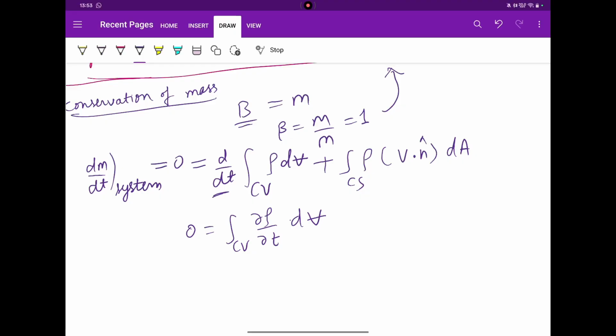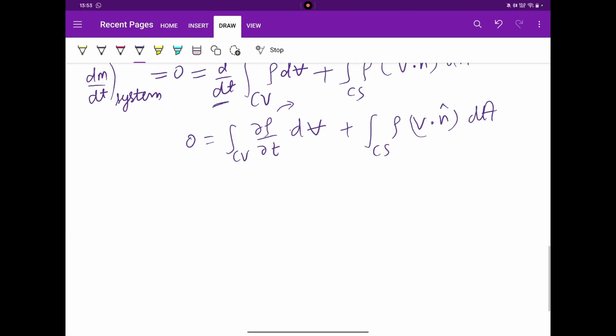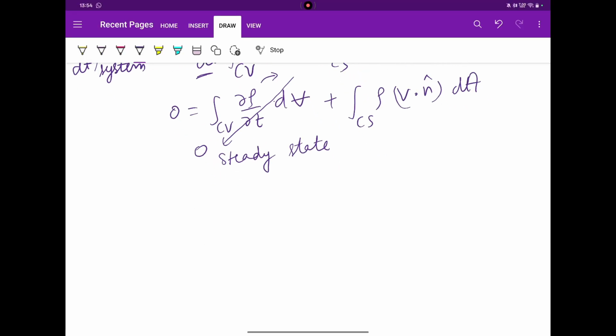Rho can be a function of space and time also, that's why I have taken this partial derivative, right? Plus control surface rho v dot n cap into dA. Fine. So when we talk about steady state, there is no change in the control volume. What will we have? Control surface v dot n cap into dA is equal to 0.